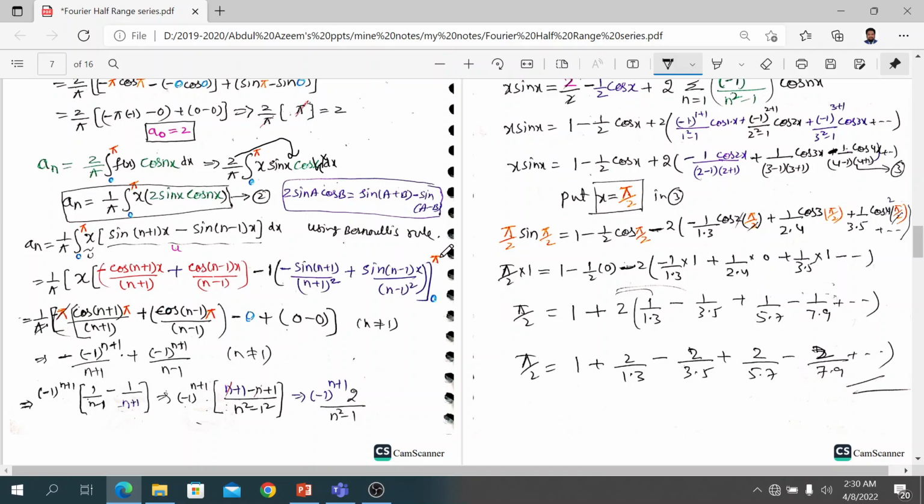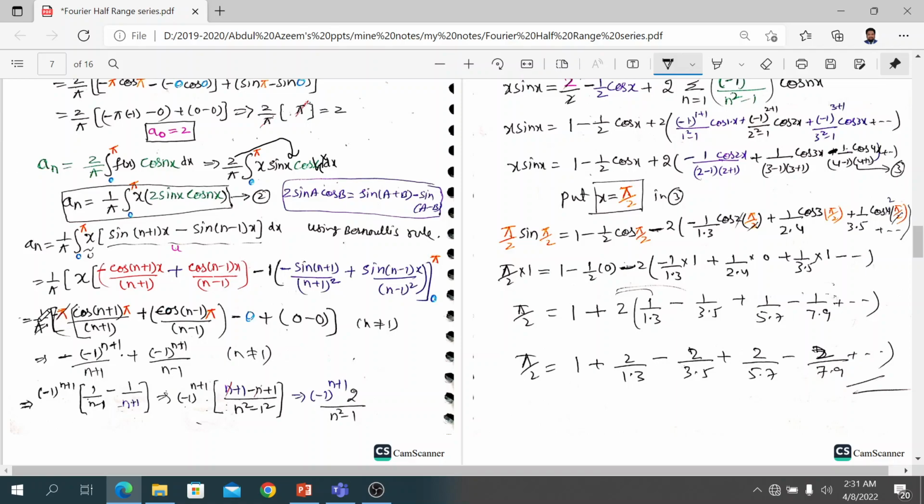This x, upper limit pi: this minus, as it is, pi cos((n+1)pi) by (n+1) plus cos((n−1)pi) by (n−1), upper limit minus lower limit. Wherever sin is there, all are 0, and here also 0.